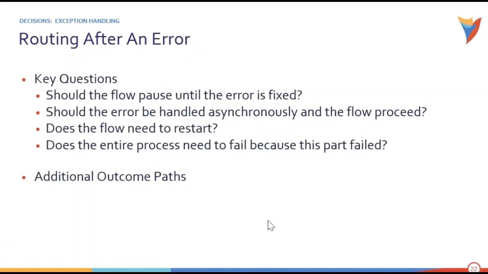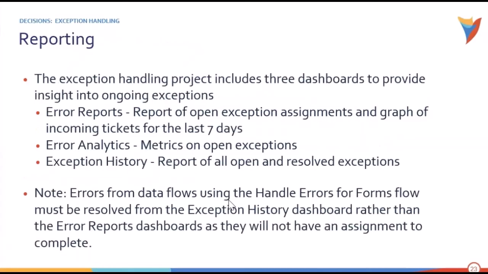The last topic of the conversation today is reporting the errors. The foremost thing to keep in mind is that exception handling projects include 3 dashboards to provide insights into ongoing exceptions.